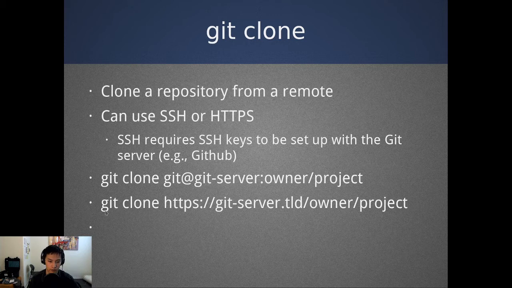For HTTPS, it's the Git server, maybe github.com/your-username, and then the project name you're trying to clone. This will create a folder called project inside your current working directory where we clone it. So that's where the copy will live.